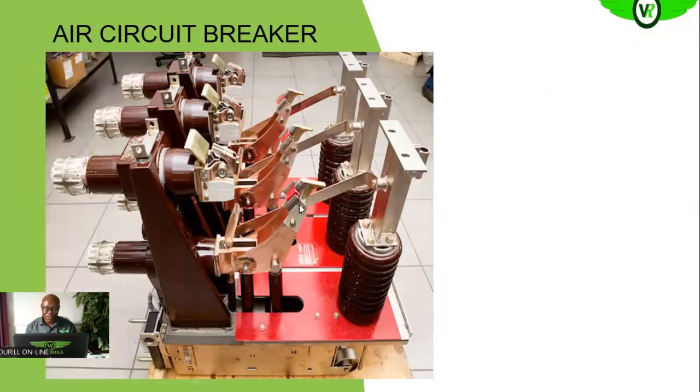So you see this is the movable contact, and this is the stationary contact. So you see that we have two contacts here: this is the arcing contact and this is the main contact of this particular circuit breaker.